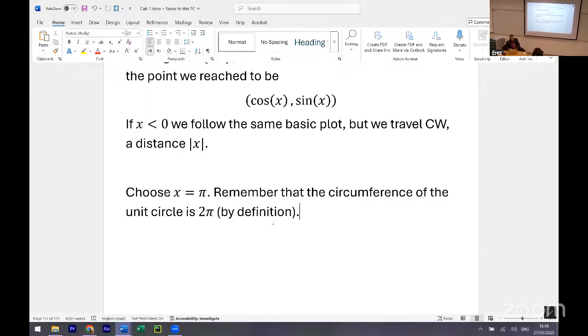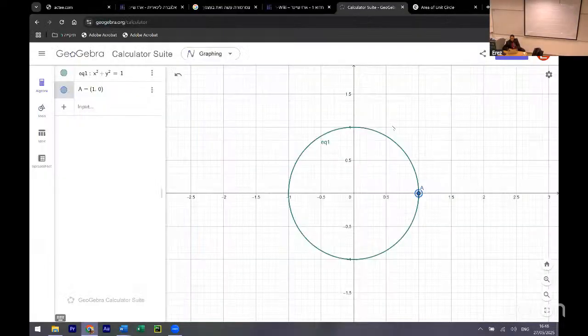And now go back to the story, which you may have forgotten, and I will remind you. We're starting at the point (1, 0), and we're walking a distance of pi. Since the whole circumference is 2 pi, where do we get to?